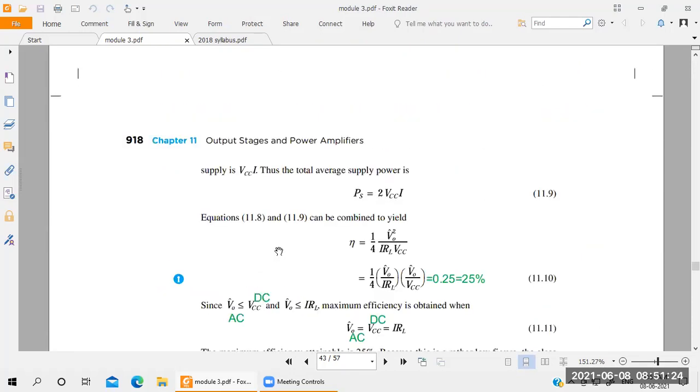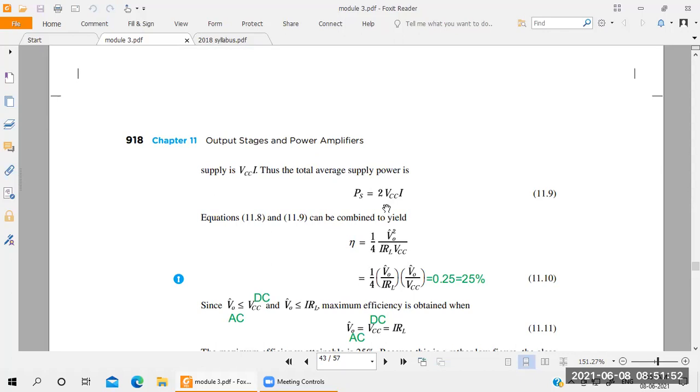Understood? From that you can write the equation, that is input power. Input power means you have to take the average power supply here. So what is the power supply for the transistor? DC voltage, plus VCC and minus VCC. Plus VCC goes to the Q1 transistor, minus VCC goes to the Q2 transistor.